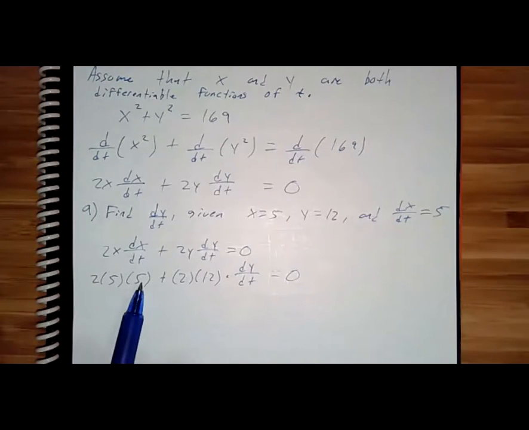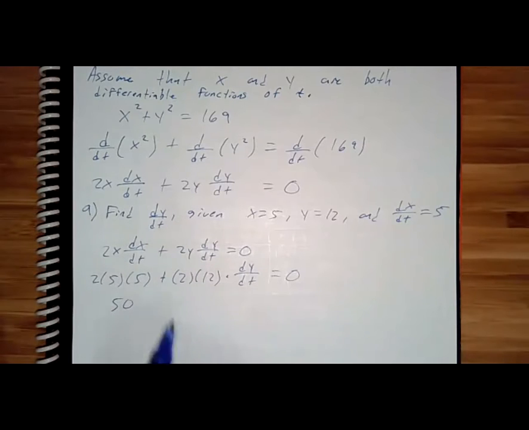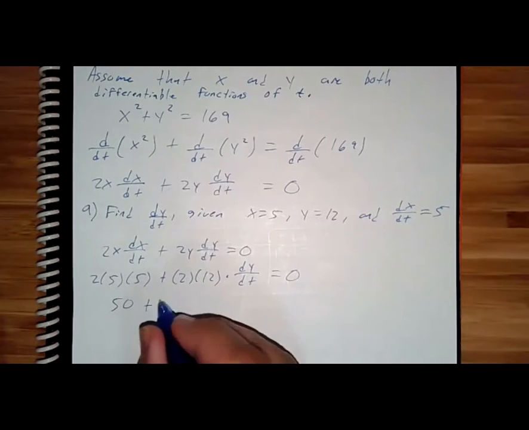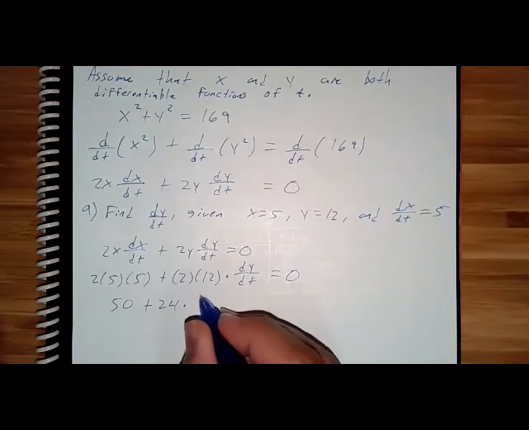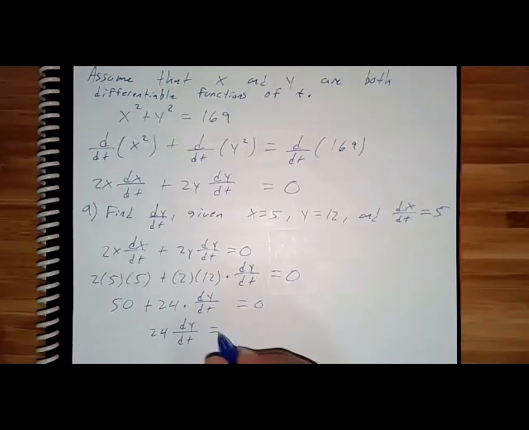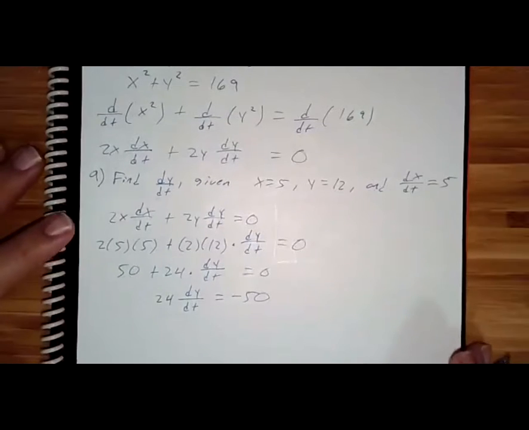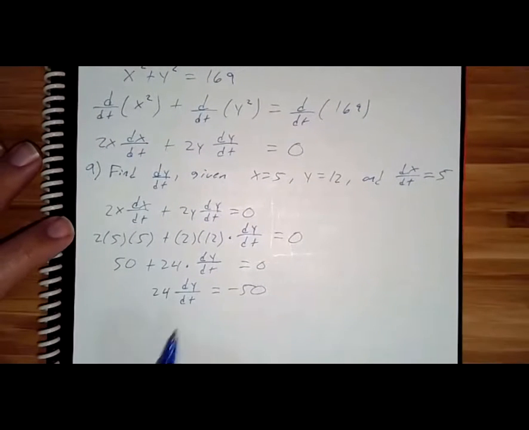So 5 times 5 is 25 times 2 is 50. 2 times 12 is 24 dy/dt. Subtract the 50 over and then divide by 24.